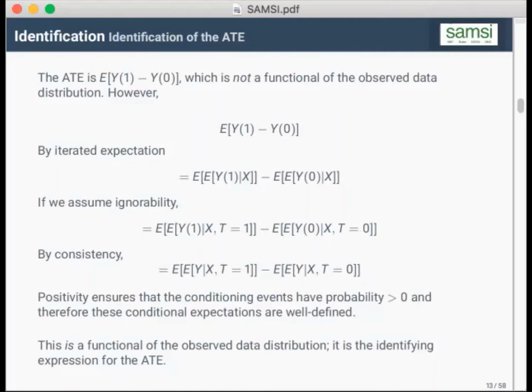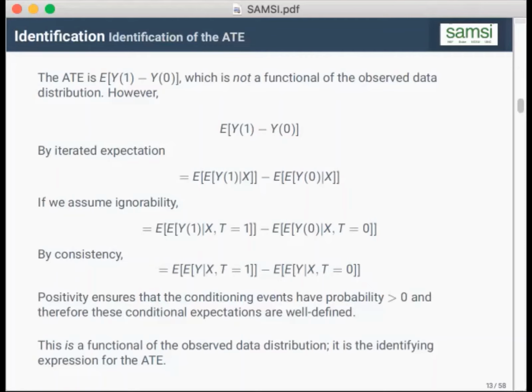So first, we use iterated expectation to condition on X. X is the covariates that make ignorability true. So these are covariates that suffice to control for confounding. So by assumption, ignorability holds conditional on X, and that means that potential outcomes are independent of treatment, conditional on X.